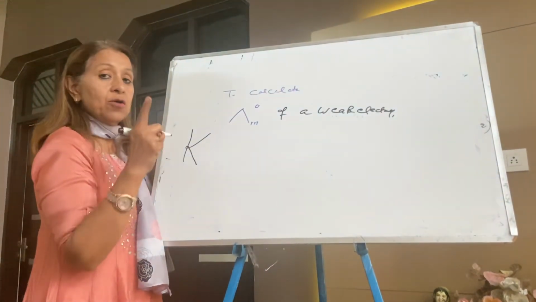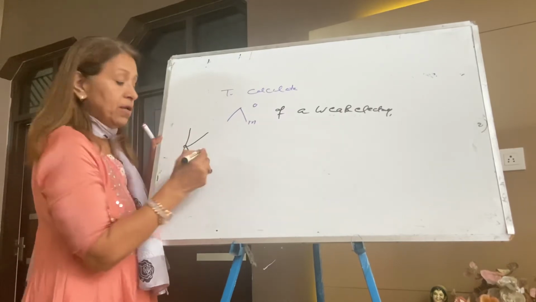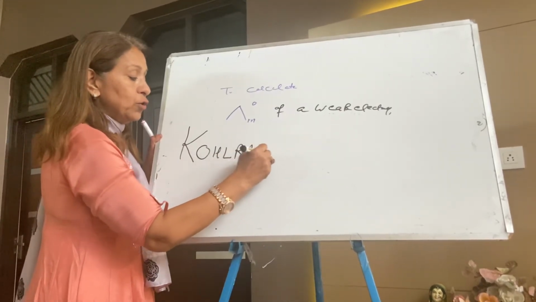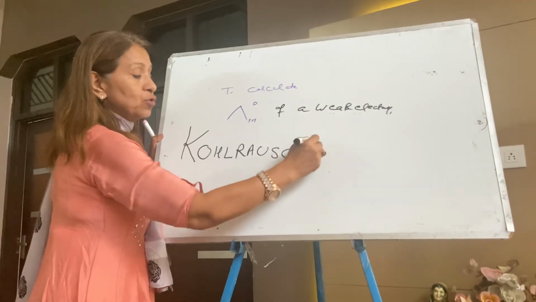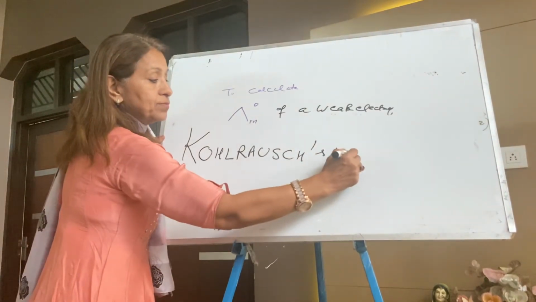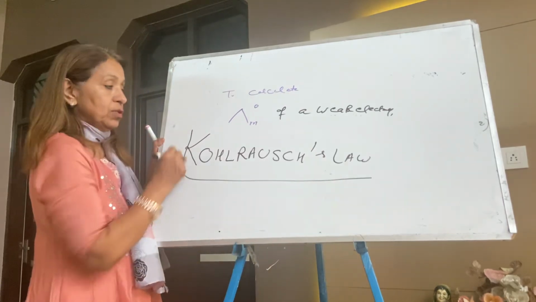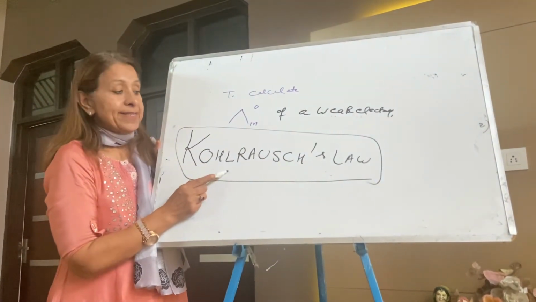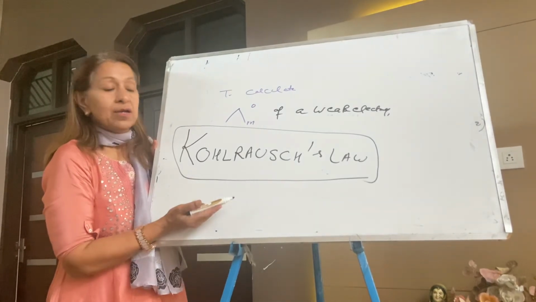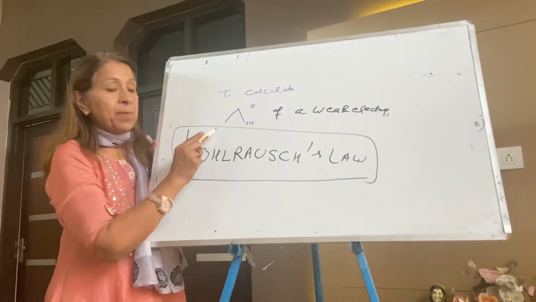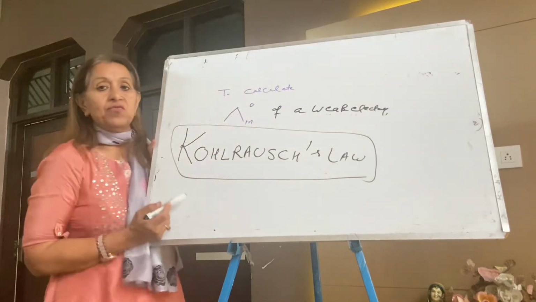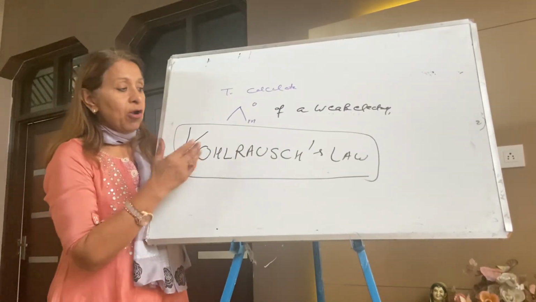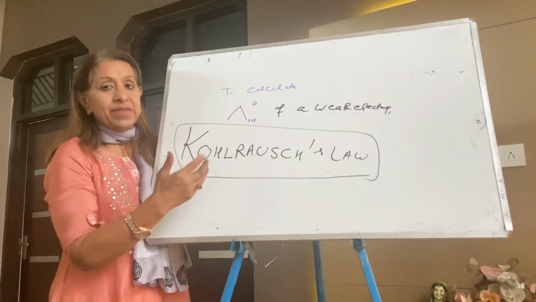We will take this law in my next lecture: Kohlrausch's law. So this law has been invented to find the lambda m naught of a weak electrolyte. It's a very simple law. So I will take this law along with the numericals in my next lecture.